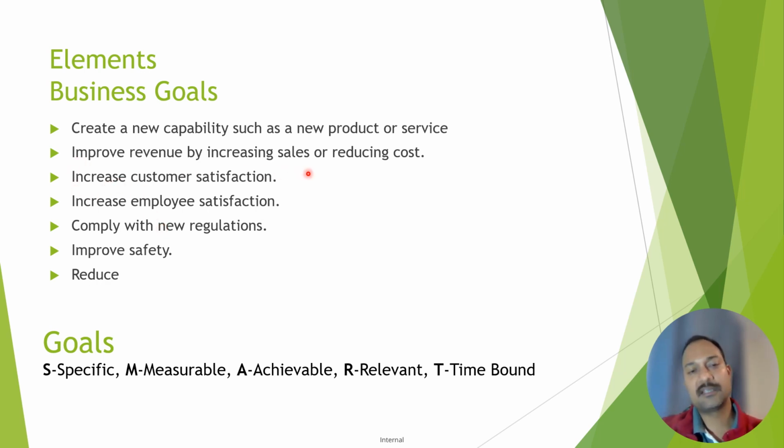Goals like increase customer satisfaction, increase employee satisfaction, comply with new regulation, improve safety, reduce cost. Then the goals should be SMART. This is abbreviated as SMART because we are saying the goal should be specific, measurable, achievable, relevant, and time bound.